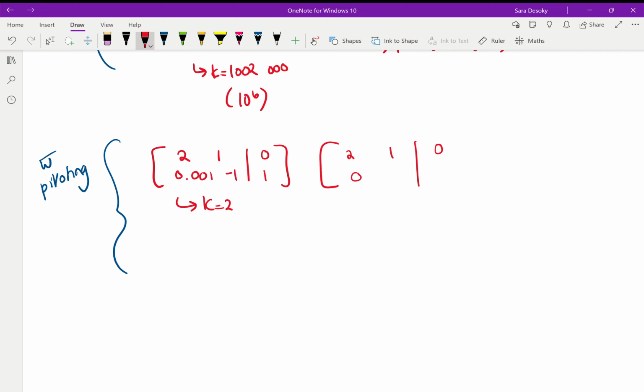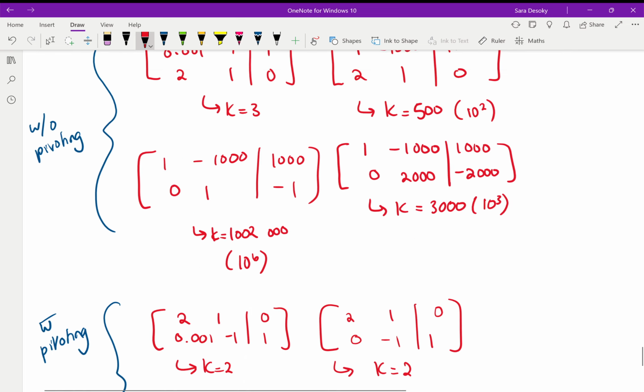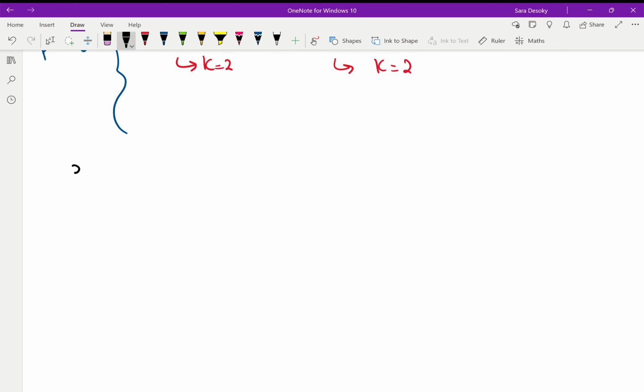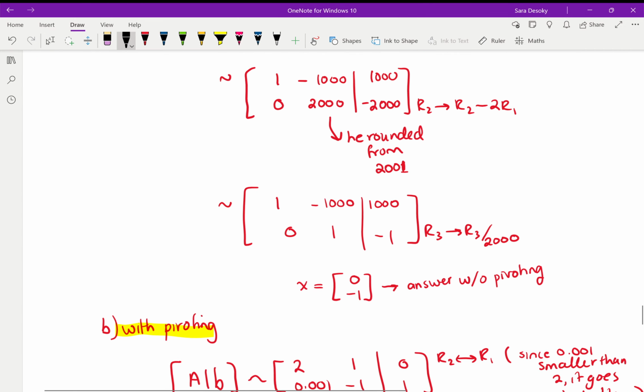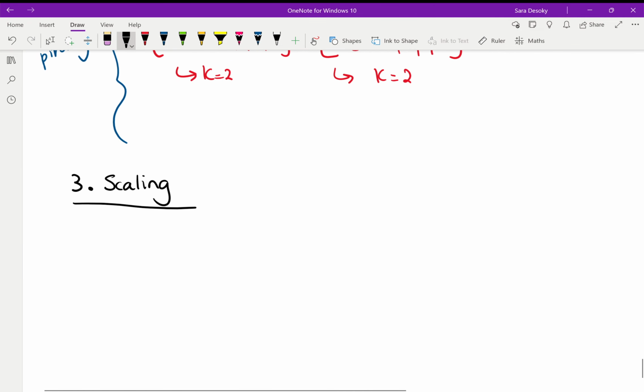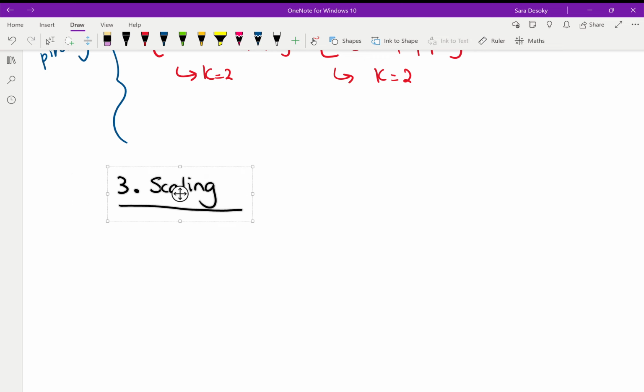It says, solve AX equals B. And this final observation is called scaling, and in the example, imagine this is data from some electrical experiment you were doing, or biological experiment in your case.